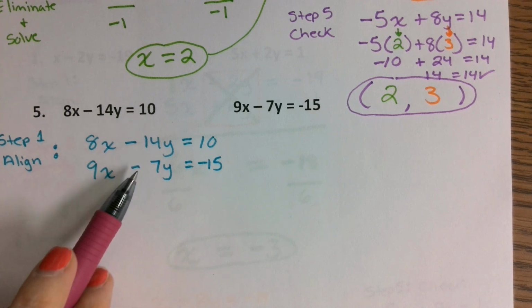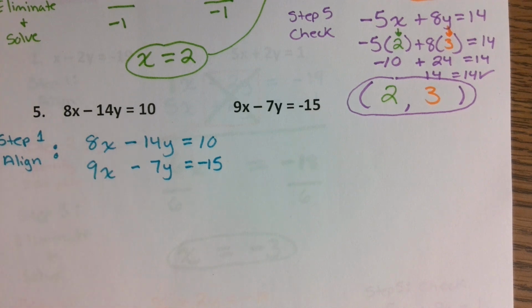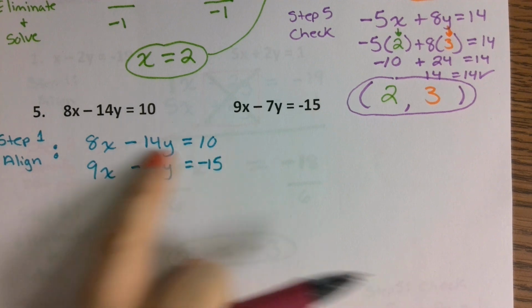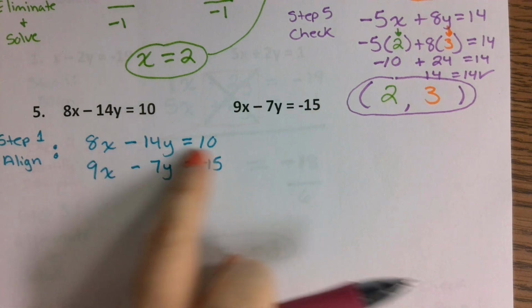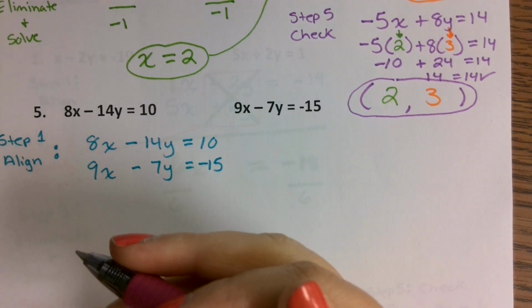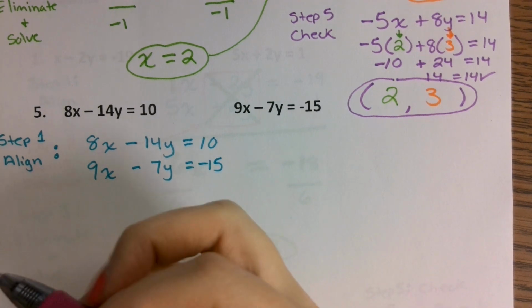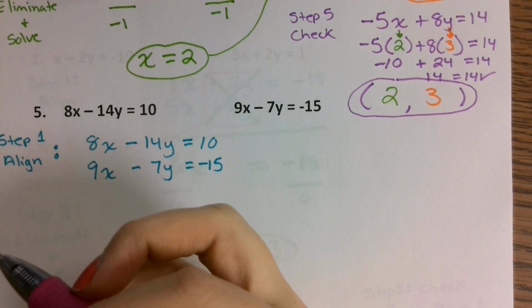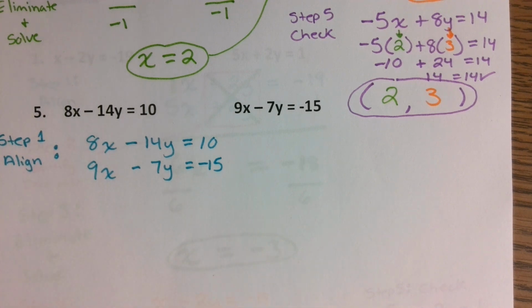If you've got 14 and 7, can't we change 7 into a 14? What do we have to multiply 7 by to get to 14? 2. So do I have to change anything about 8x minus 14y is equal to 10? No. Sometimes you want to go with a variable in which you only have to change one of the equations, so it's less likely you make a mistake.